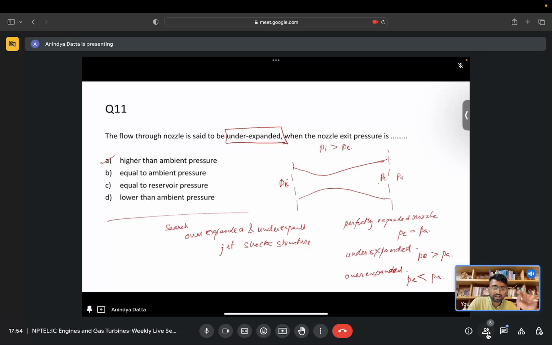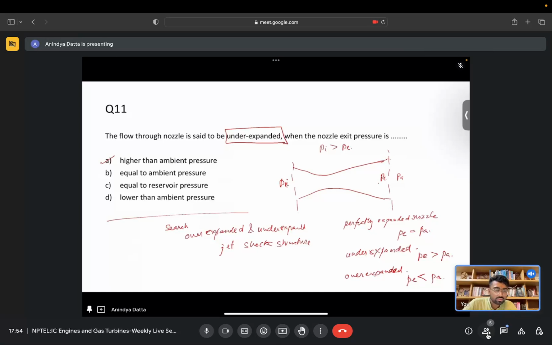We get some shock triangles and very interesting stuff. You can Google this and see the images taken experimentally. Why those structures form, and why they differ between the over expanded and under expanded cases, you will be able to explain if you do a course on gas dynamics. But this is something interesting you can look up.